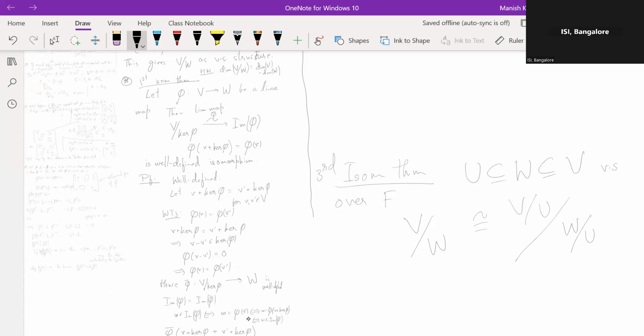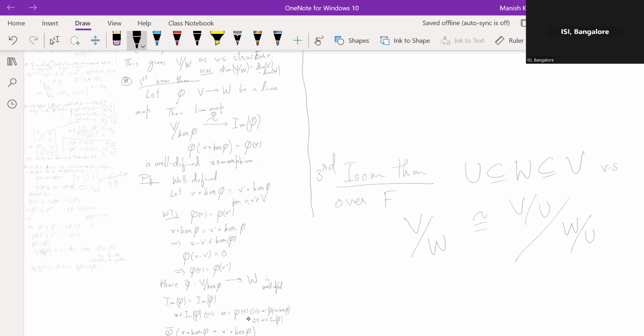V mod U is a vector space consisting of all left cosets of U, with entries in V. And since W is a subspace, all left cosets of U which have representatives in W form a subset, yeah? And hence you can ask whether it's actually a subspace. So W mod U is a subspace of V mod U, and hence you can take a quotient again.